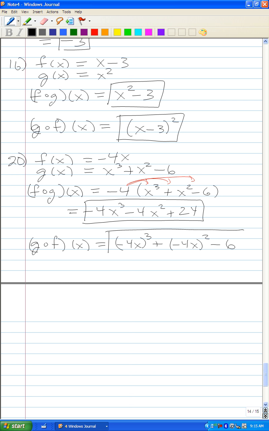And that is your answer. You could simplify it if you want, but I'll just leave it in this form. Well, I'll put in both forms. Negative 4 cubed is negative 64, x cubed. Negative 4 squared is 16, x squared minus 6.